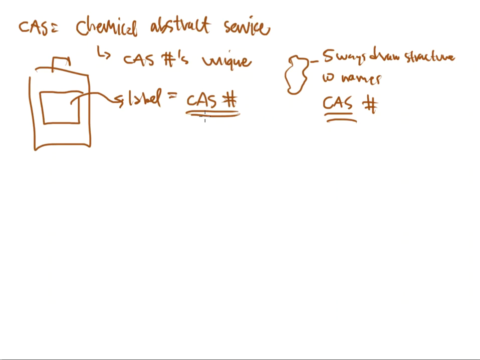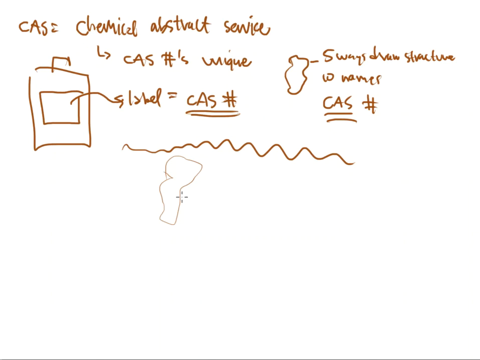You don't have to write out a huge, big, long name that might be 20 or 30 letters long. You don't need special software to draw structures into a software system and have it find out what you need. You simply just need a CAS number that you can type into a database, and it will immediately pull up the proper information that you need for that particular chemical. It's as easy as that.